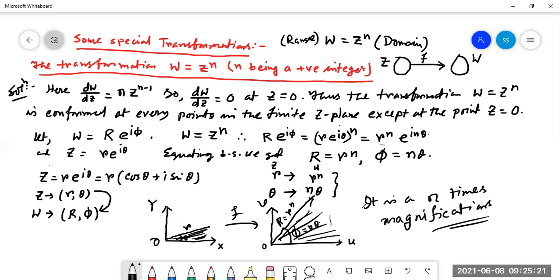Is it clear? Any confusion? No confusion has occurred, so we are going to the next part.